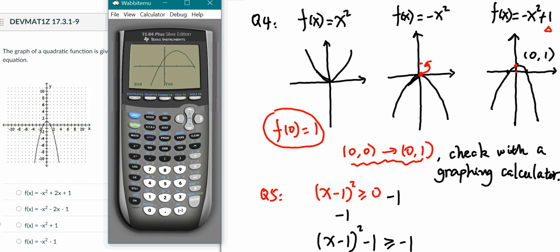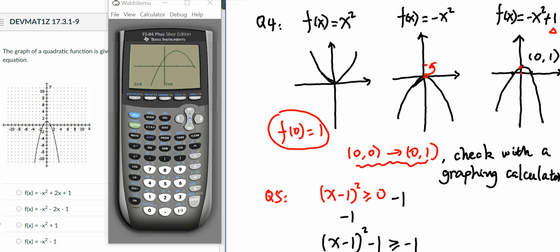Okay, so it's not the first one. Here we still have the center. The vertex is on the y-axis, and here the vertex is not, so it's not the first one.